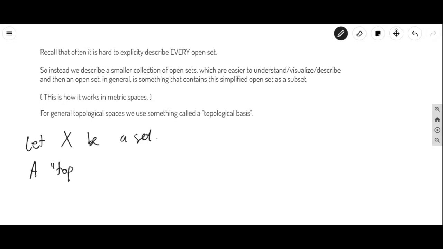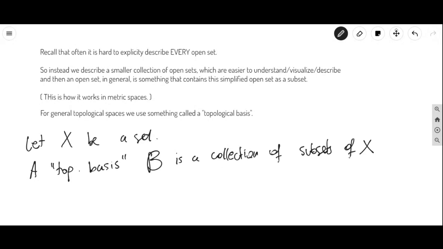A topological basis, let's call it B, is a collection of subsets of X. Notice I'm not saying open subsets of X, because technically X is not a topological space yet, but the idea is we're going to turn all of the sets in this collection into open sets when we form our topology.